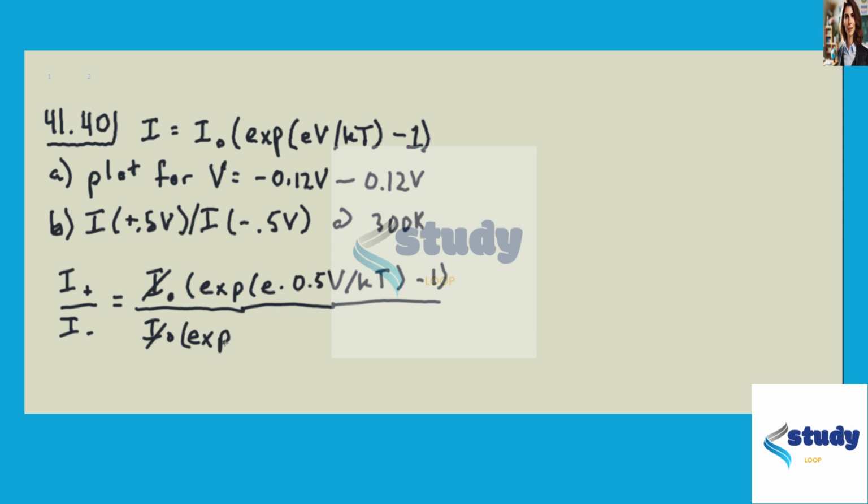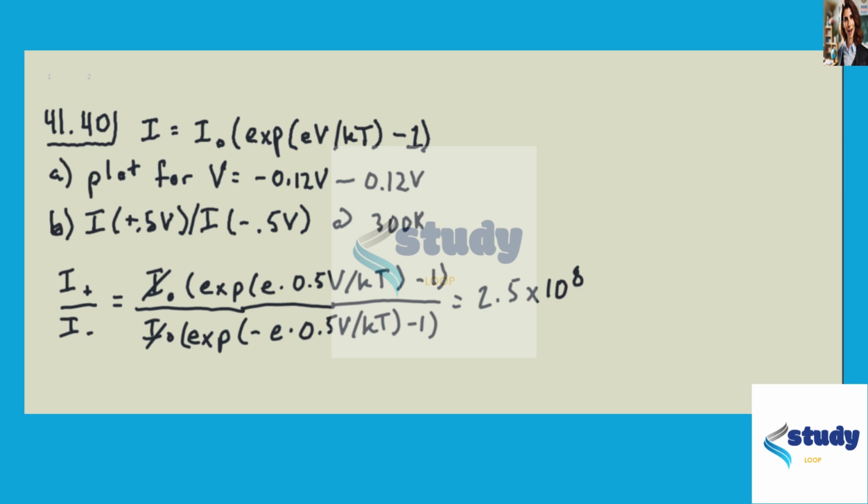And then we'll have the exponential of negative e times 0.5 volts divided by kT, minus 1. And so then this works out to be 2.5 times 10 to the 8th.